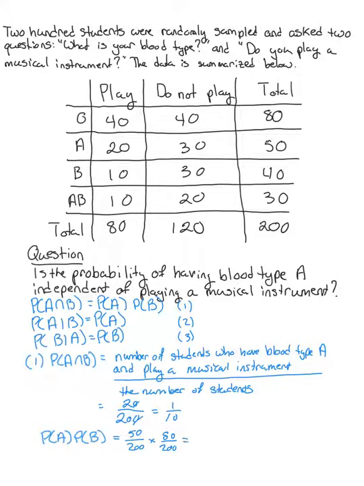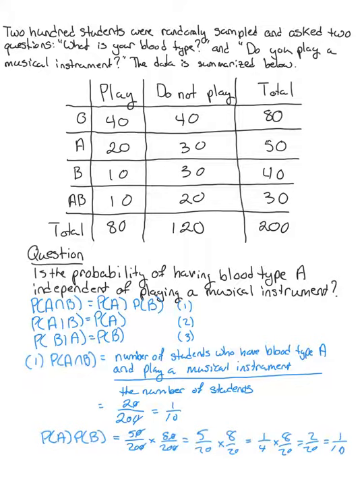Now we can do a little bit of simplification here. We can cancel out the zeros. So we have 5 over 20 times 8 over 20. And we can reduce this a little bit more. That 5 over 20 is 1 over 4 times 8 over 20, which gets us to 2 over 20, which is 1 over 10. Aha!